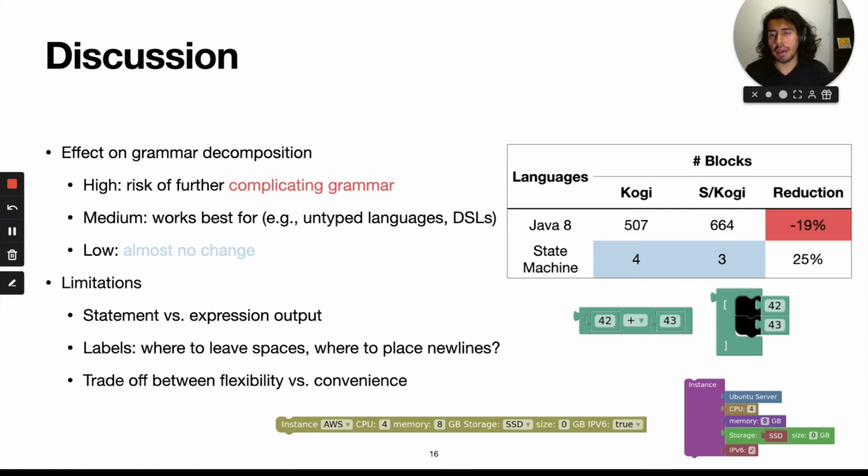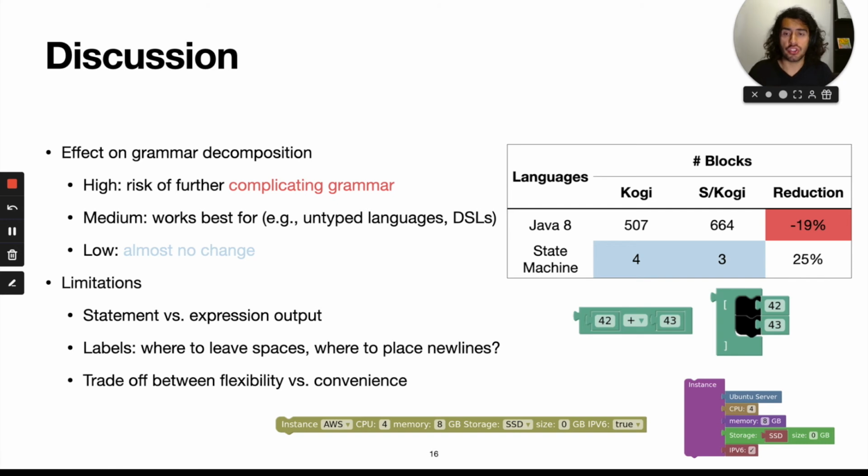Based on our results, we identified that grammar decomposition, how authors write their grammars, has an impact. For instance, when we have high decomposition, there are risks that the grammar becomes even more difficult. That's why we have some red numbers here.